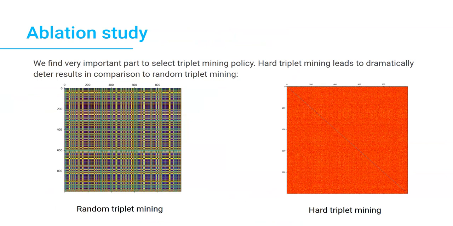Random triplet mining leads to a completely failed training process because there are a lot of confusions between different classes. But when we use hard triplet mining, it means that during training we only consider those triplets that have quite a big loss, or in other words, it doesn't care about those triplets which were already classified correctly. Following that approach, our confusion matrix is much smoother and it leads to dramatically better results.